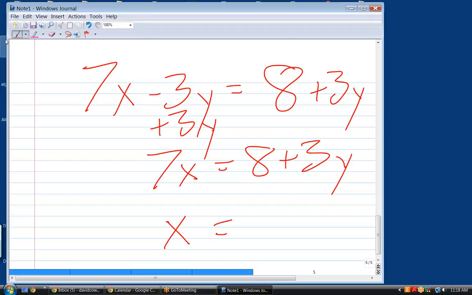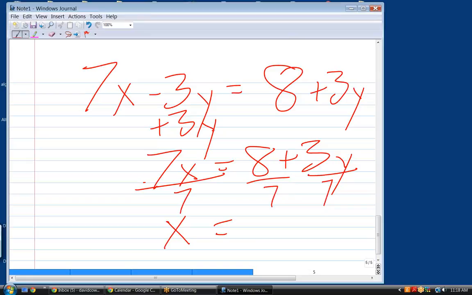What's going on with the x? What's happening to the x at the moment? Oh, it has a 7. It's being multiplied by 7. Yeah. Okay. So we got to divide by 7. Always got to do the opposite. And I have to divide both terms on the right side by 7.